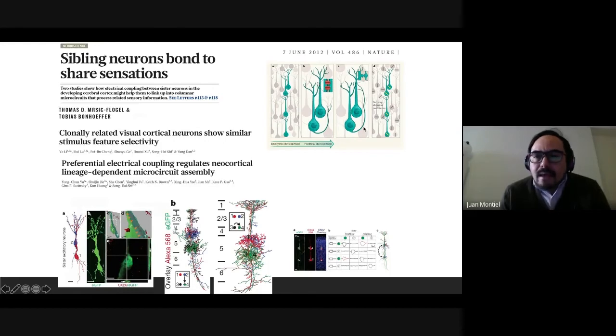Okay, and if we analyze the response behavior of these neurons to, for example, the orientation of columns, we can see that those neurons that are clonally related, which means that are derived from the same progenitors, have the ability to recognize the same pattern of column orientation.